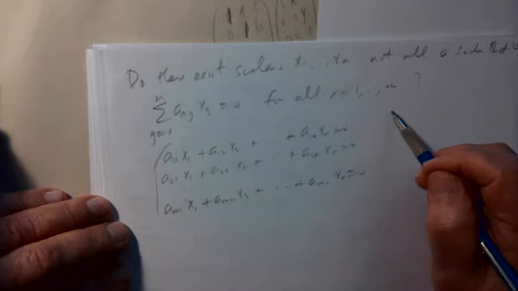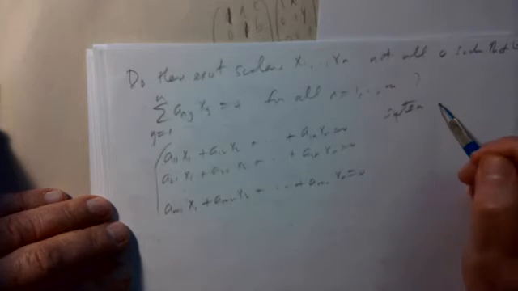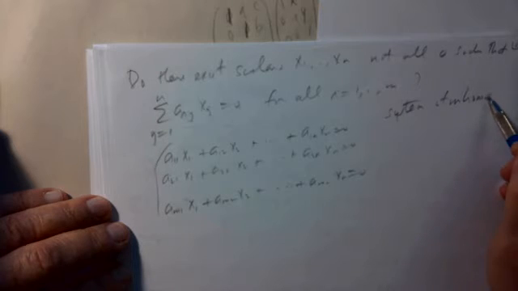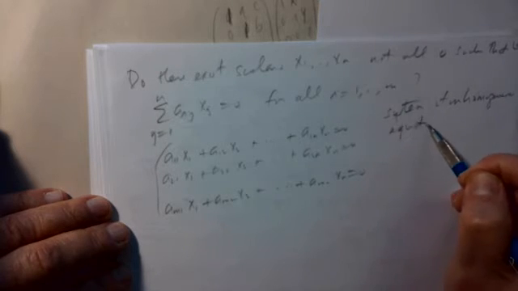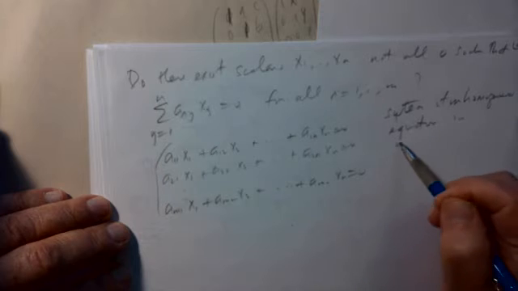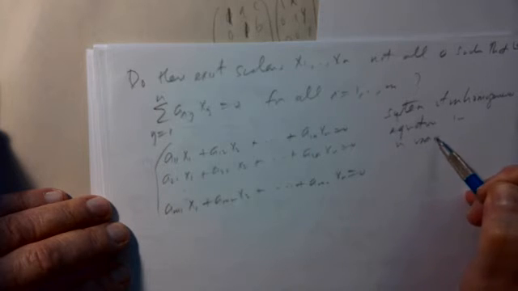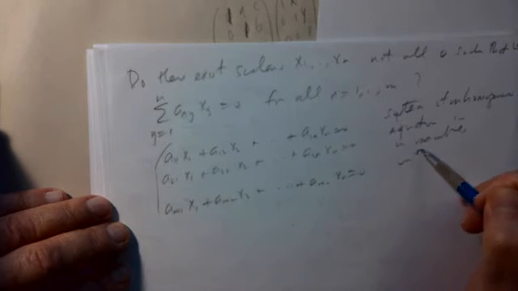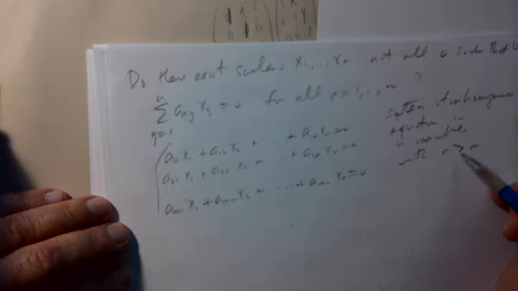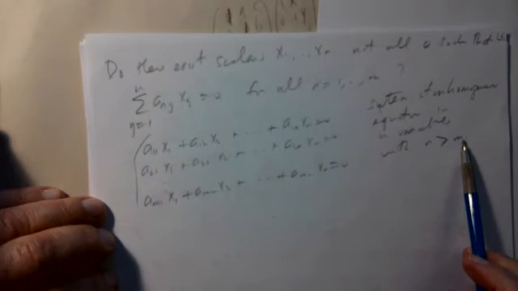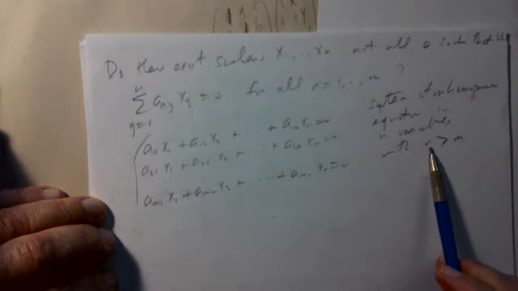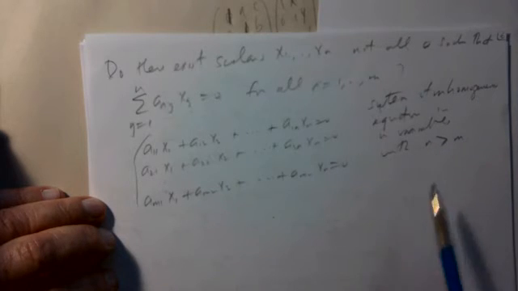So this is a system of m homogeneous equations in n variables with n bigger than m. That was our hypothesis. There are m vectors in the set S and n vectors in the subspace generated by S, and n bigger than m.